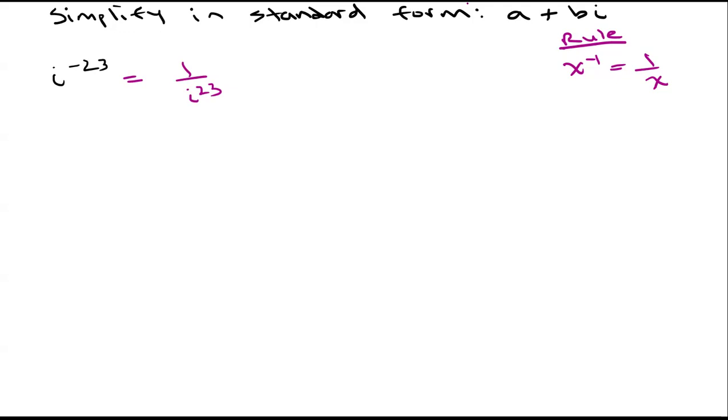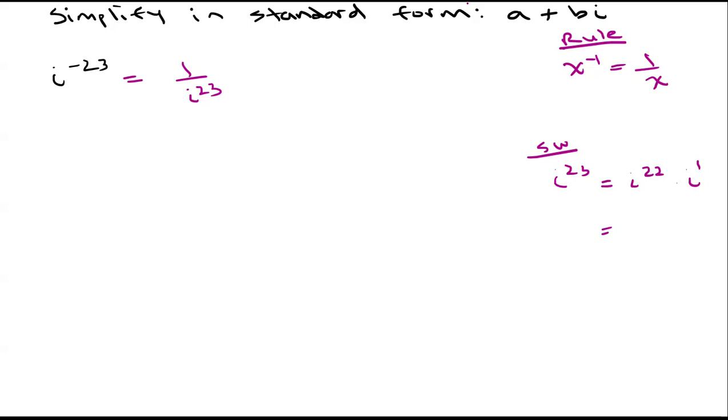Now, once we have it to this part, let's simplify i to the 23rd. And we've done several of those. So this is going to be my scratch work. So i to the 23rd, I can break that down to i to the 22nd times i to the 1st, right?